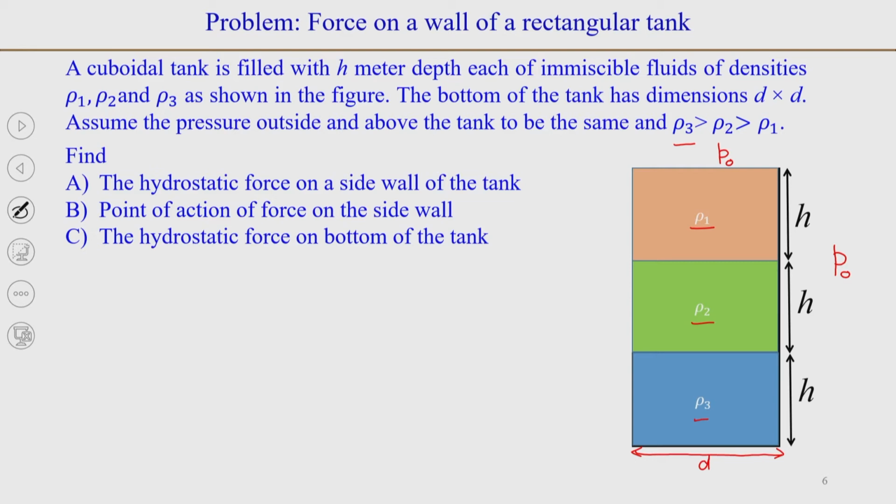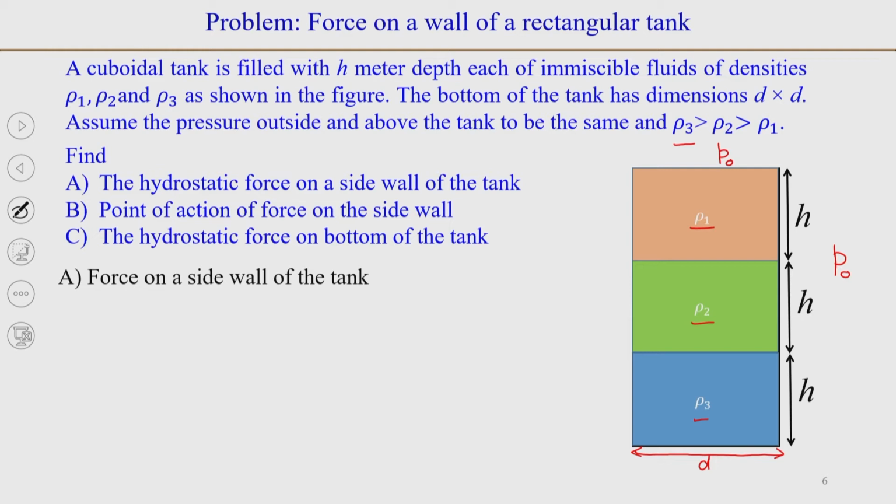Okay. So, let us look at the first part, the hydrostatic force on the side wall of a tank. Now, we see here that the density is different in the 3 fluids, rho 1, rho 2 and rho 3. So, we cannot directly use our relationship that we derived, that P is equal to rho g h at the centroid for a column of liquid.